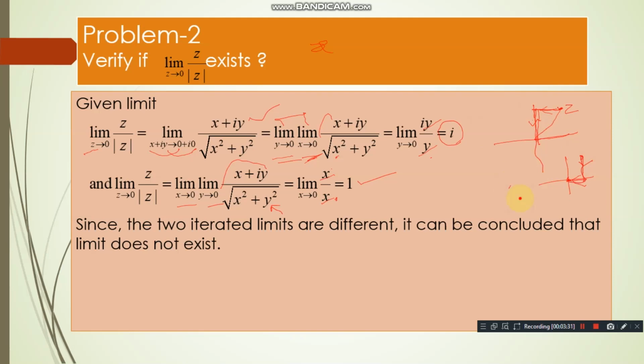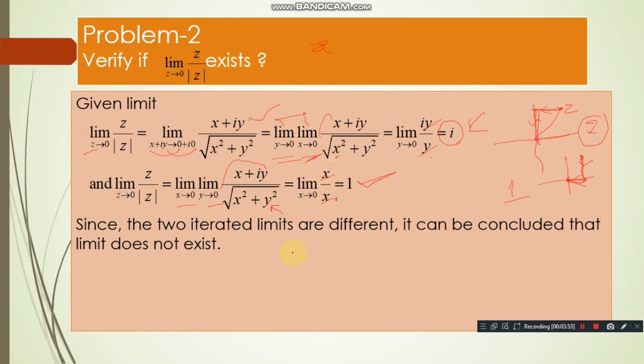This is 1, this is 2. But along these two different paths we are getting i and 1. So these two are not the same. These two different approaches are giving different values. So that's why the limit of z by modulus z as z tends to 0 does not exist.